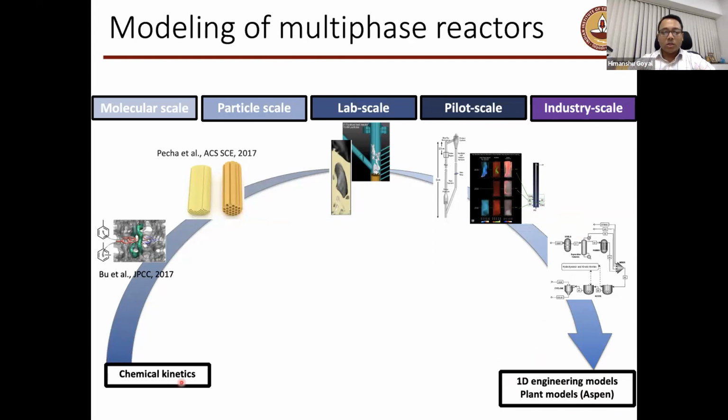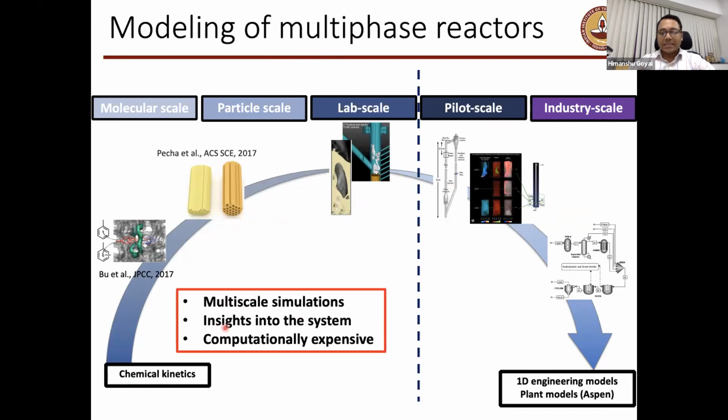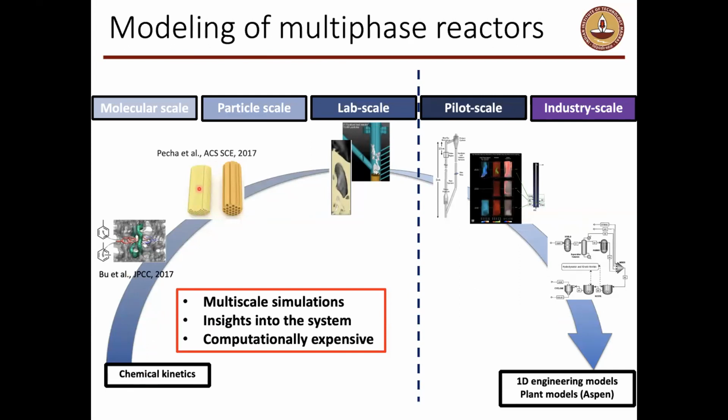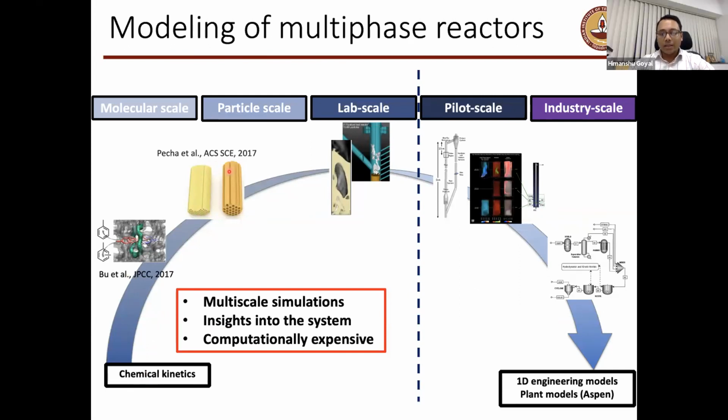So our aim is to develop these multi-scale simulation tools so that we can go all the way from the left-hand side to the right-hand side. We address this problem in two steps. First of all, we develop these multi-scale, multi-physics simulations for the lab scale reactors. To do that, we first come up with these chemical kinetic models, which are validated against experiments, combine them with transport equations for particle scale models, and then again validate them against experiments, and then use these particle scale models inside reactor simulation.